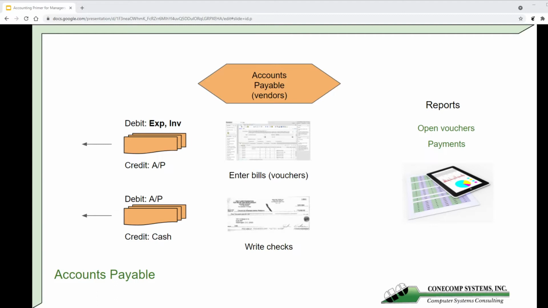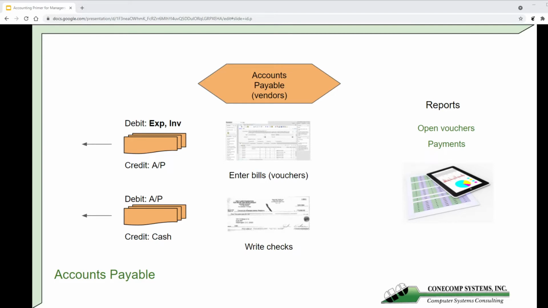Its function is it records bills from vendors. In an accounts payable system, they're called vouchers, as in vouchers for payment. So it records these vouchers for payment, then it pays them by writing a check or recording an electronic transfer. And that's it. That's its functionality.